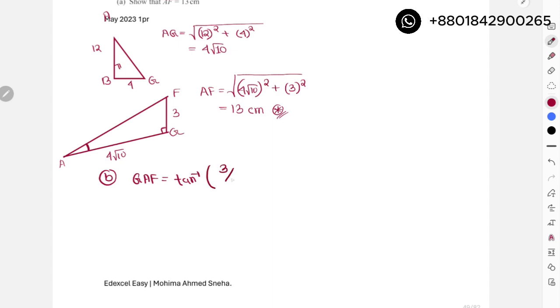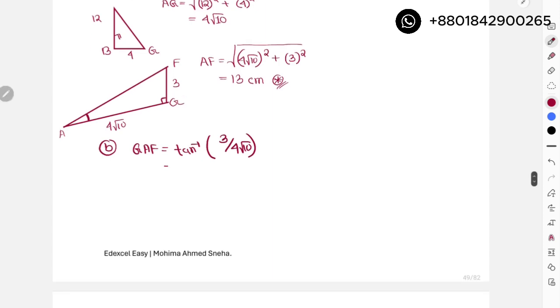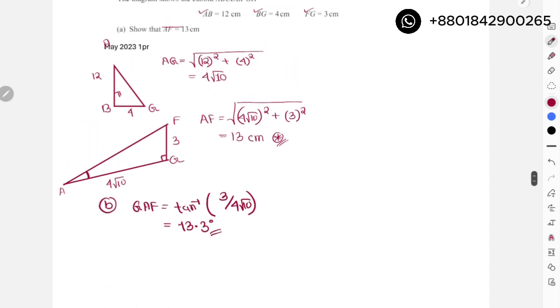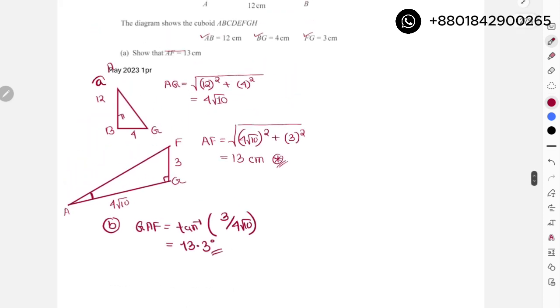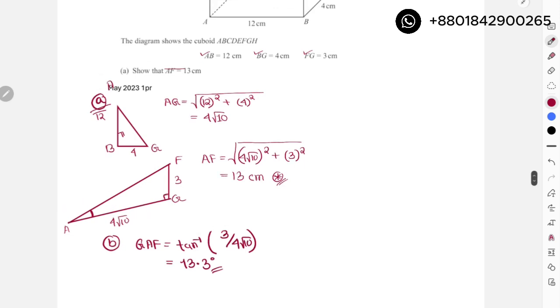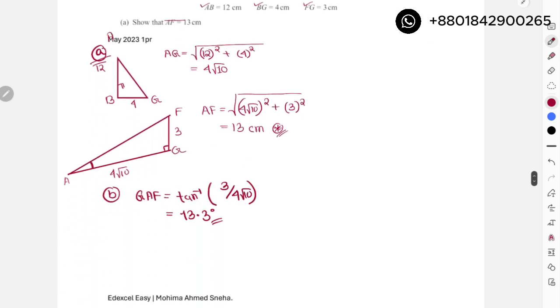The opposite is 3, the adjacent is 4 root 10. So tan inverse of 3 divided by 4 root 10, and that is just 13.34. It was asking to keep your answer to one decimal place, so we'll just write it as 13.3 degrees, right? And this is your final answer then. This was for A and this is for B. This is it for your first trigonometry.